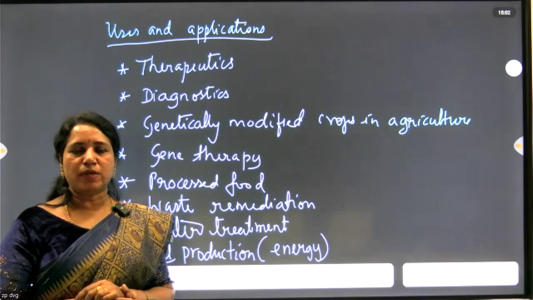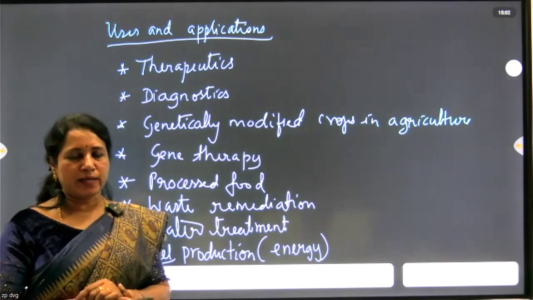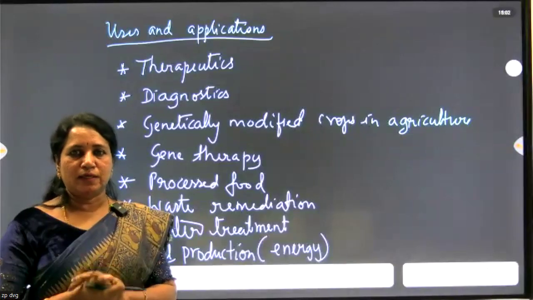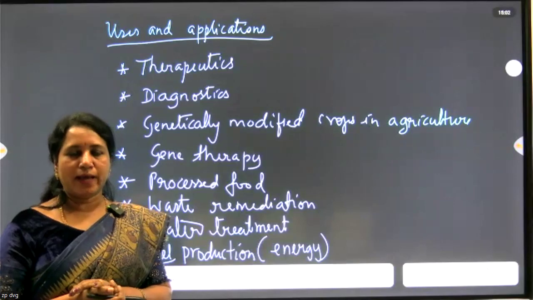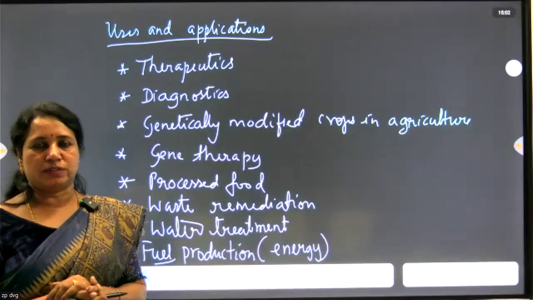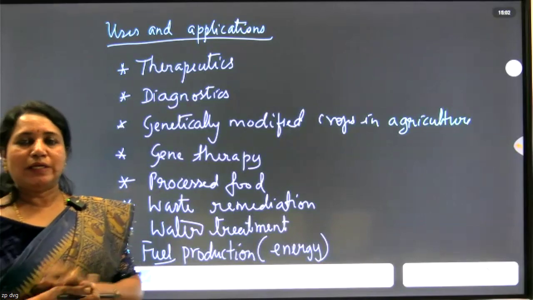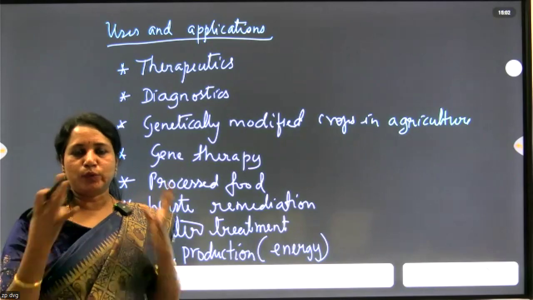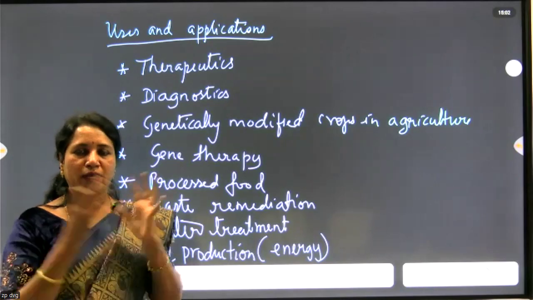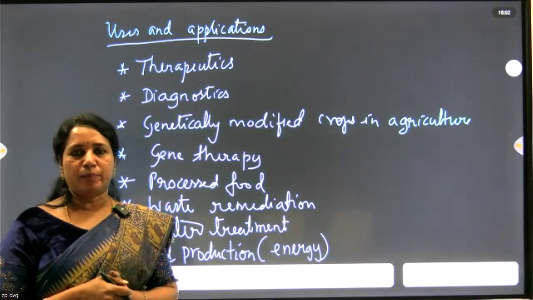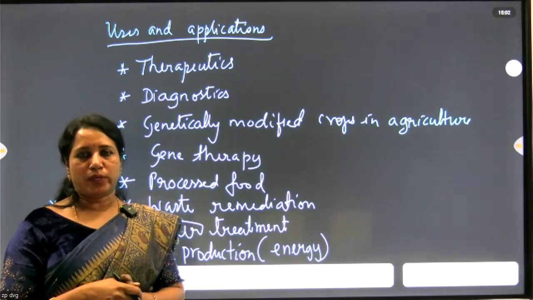That best catalyst may be in the form of a microbe or an enzyme that can be used further for cloning the genes. And the next one, for cloning the genes, we need optimum conditions. The conditions require setting up a proper pH, proper nutrient medium, and a proper artificial environment inside the laboratory or inside the bioreactor.